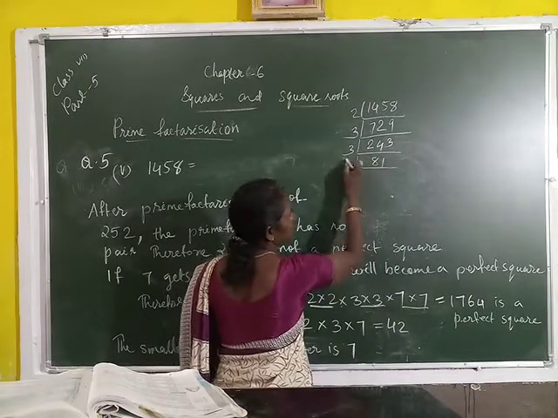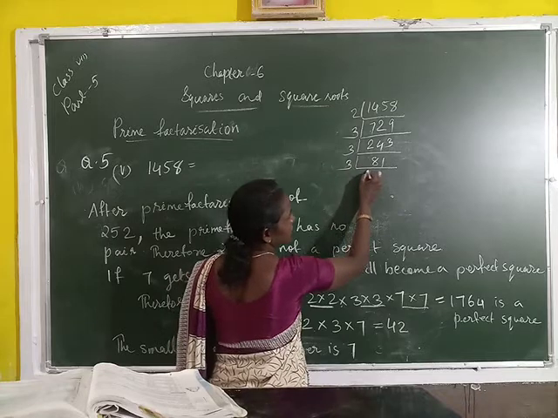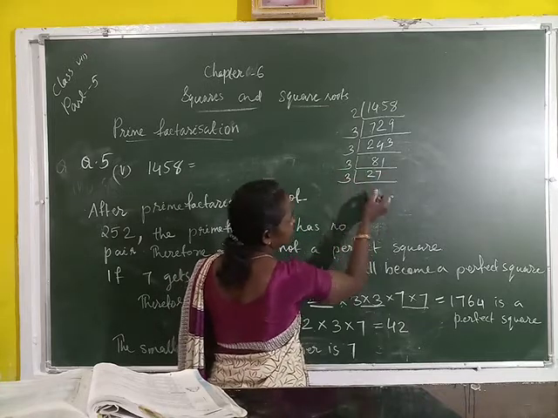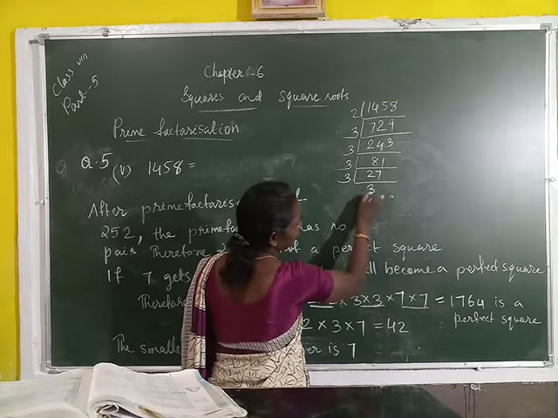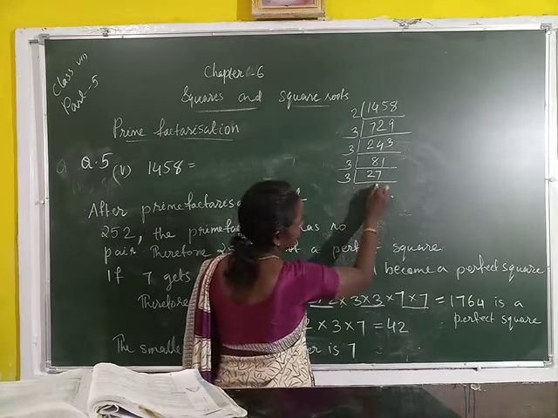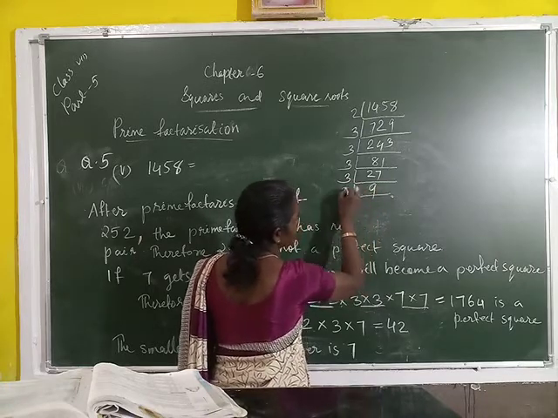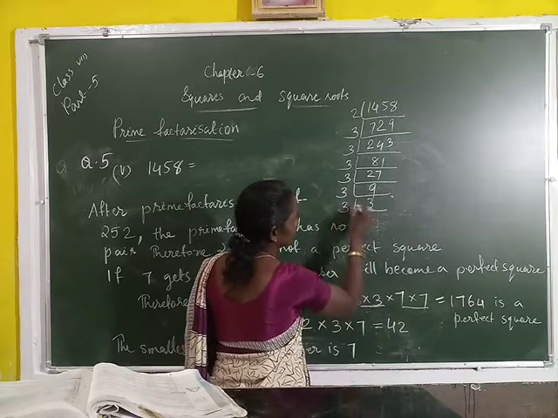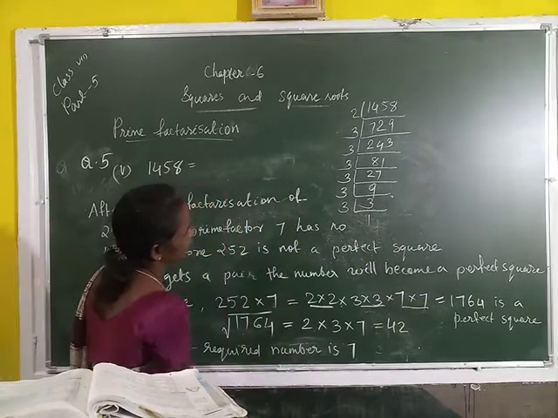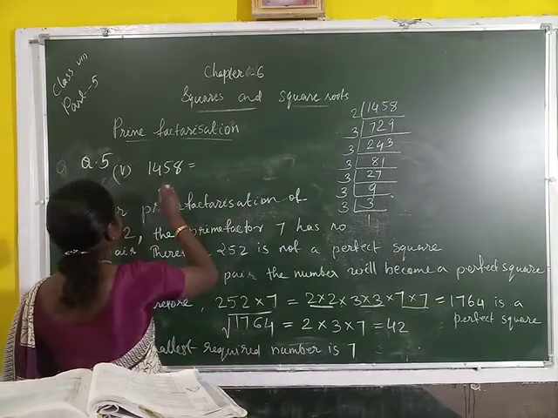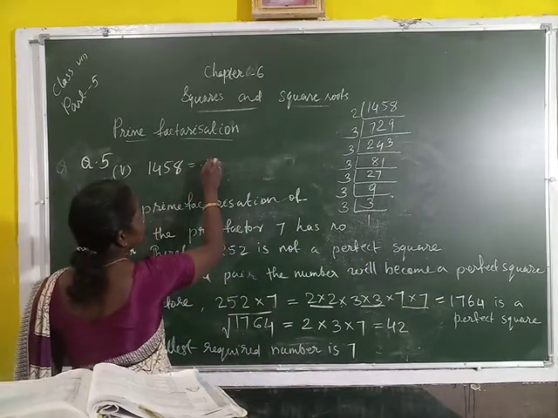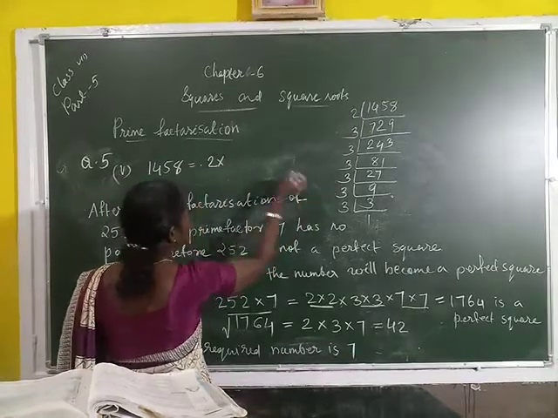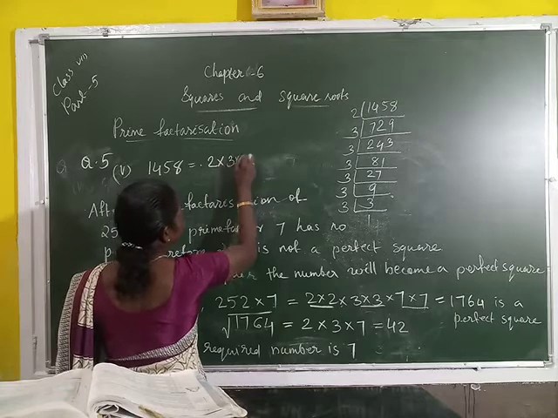And this is also divided by 3, 27. Then 9, 3, 3, 1. Then look, we can write 2 into how many 3s? 1, 2, 3, 4, 5, 6.